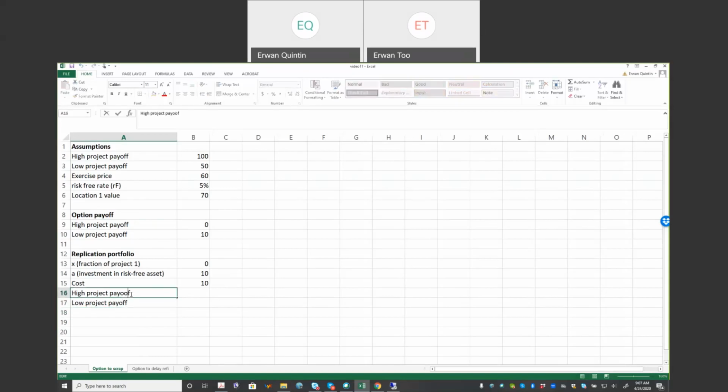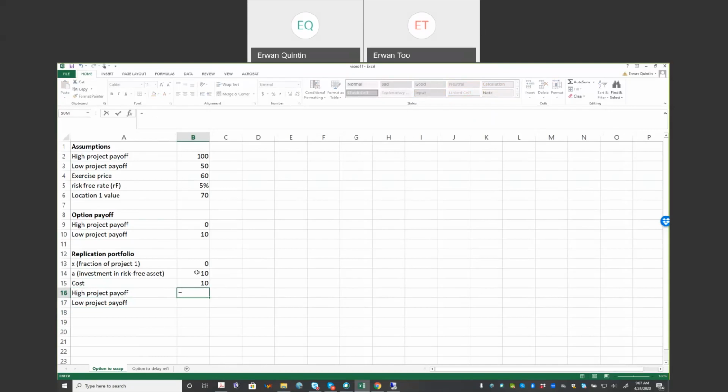And let me remove this spelling mistake here. Okay, good. So what I'm writing here is what is the payoff on the replication portfolio when the project gives me a high payoff, and what is the payoff on the replication portfolio when the project gives me a low payoff.